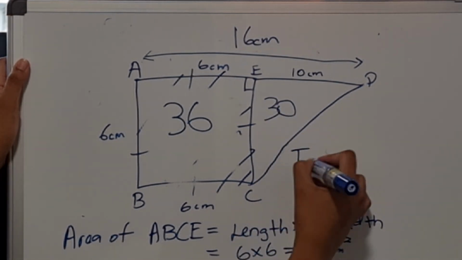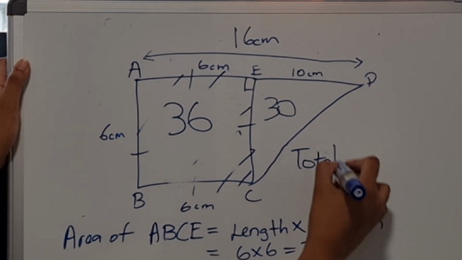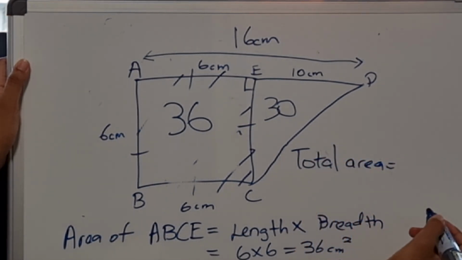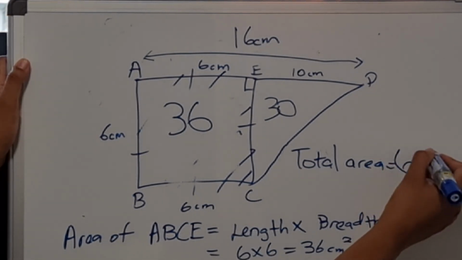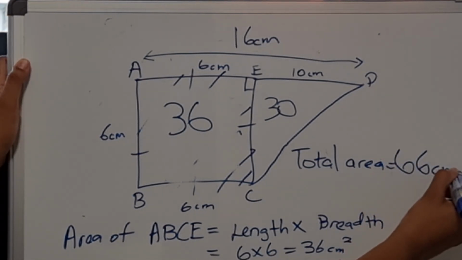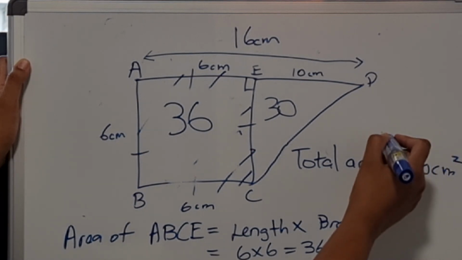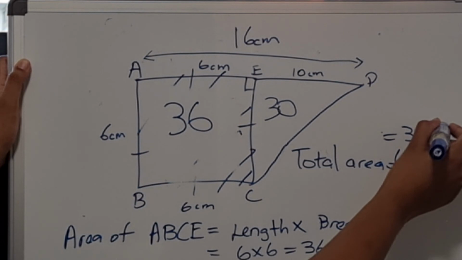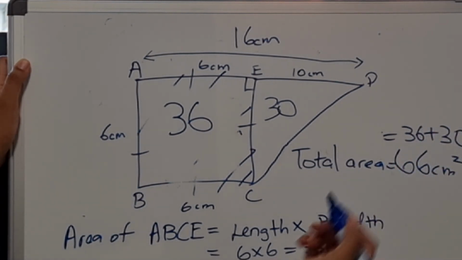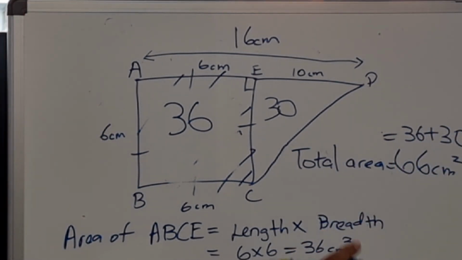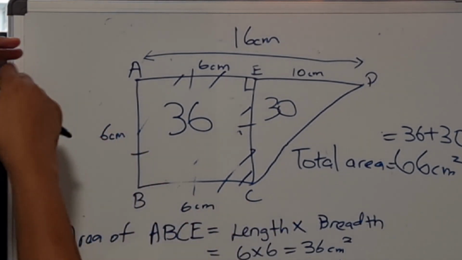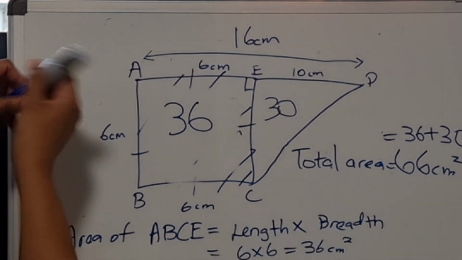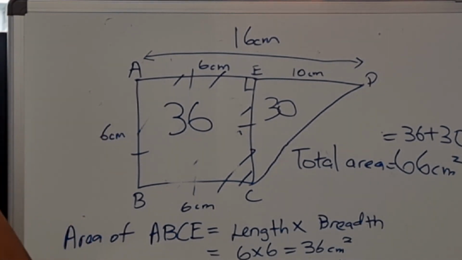So total area is 66 cm squared. Let me write here. 36 plus 30. So this is how you get the area for more complex figures, like shapes which are combined with a triangle and a square.